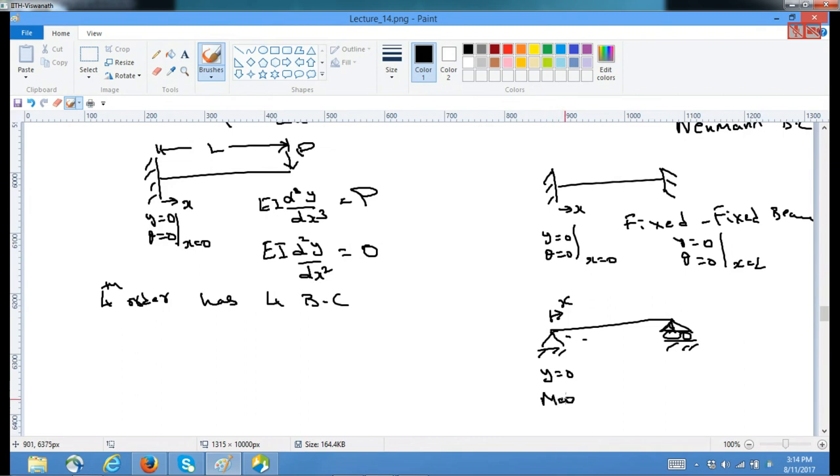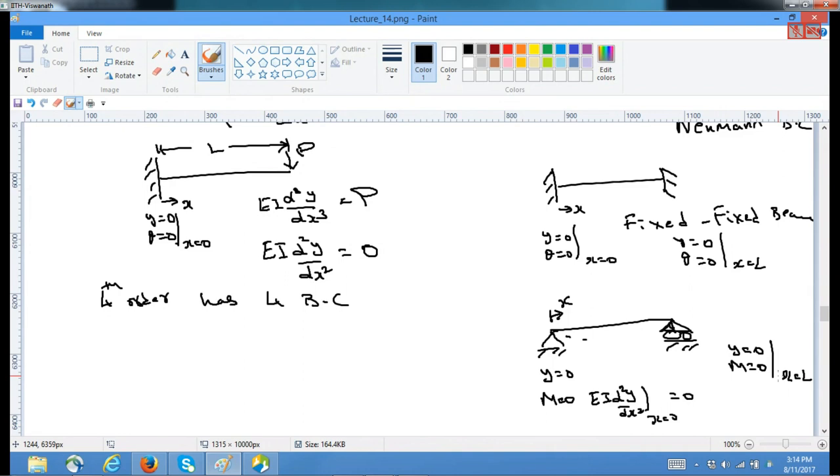M is equal to 0 at this end, and M is nothing but EI d square y by dx square, which is 0 at x is equal to 0. Similarly, y is equal to 0 and M is equal to 0 at x is equal to L. So these are some examples of the boundary conditions for the beam.